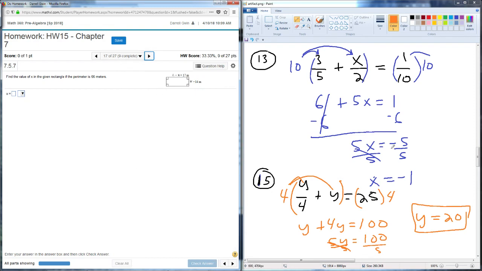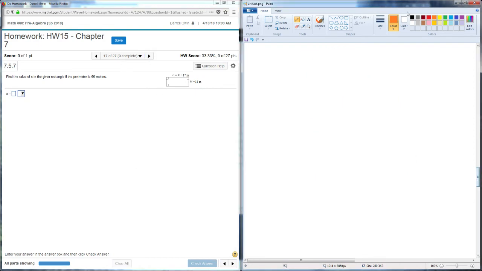Number 17 is a word problem, and we are in 7.5 still. The perimeter of this rectangle is equal to 2 times length plus 2 times width. Find the value of x given the rectangle if the perimeter is 66. Well, P, the perimeter, is 66.